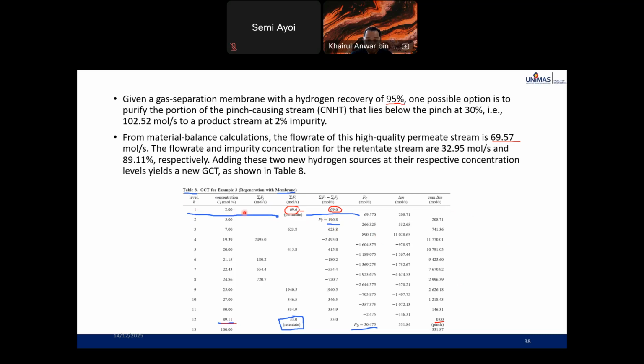Since we have two new streams now, FF starts with 0, find the pinch, then start another gas cascade table calculation using the pinch. The highest negative is around negative 196.8. Then determine the pinch again.